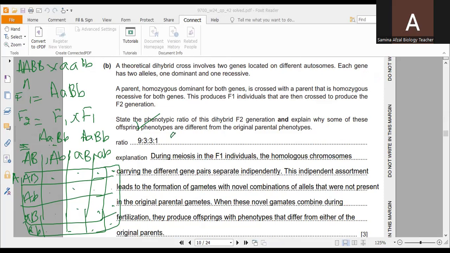Let me write over here, 9 will have this phenotypic ratio.